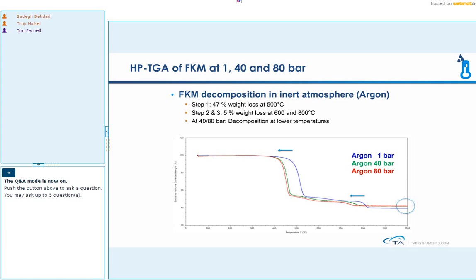It means that now your O-ring is going to decompose at a lower temperature, because the pressure is increasing the activity of the gas, and that's also increasing the load on your O-ring. But between 40 bar and 80 bar, there isn't that much of a difference.